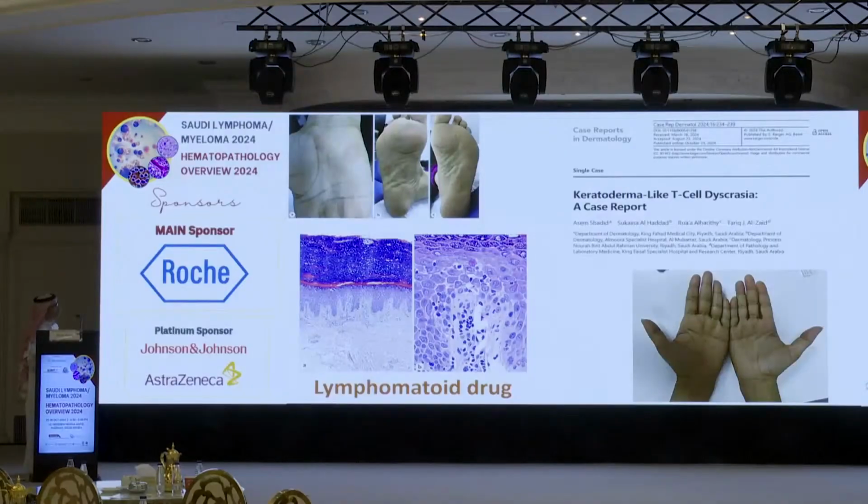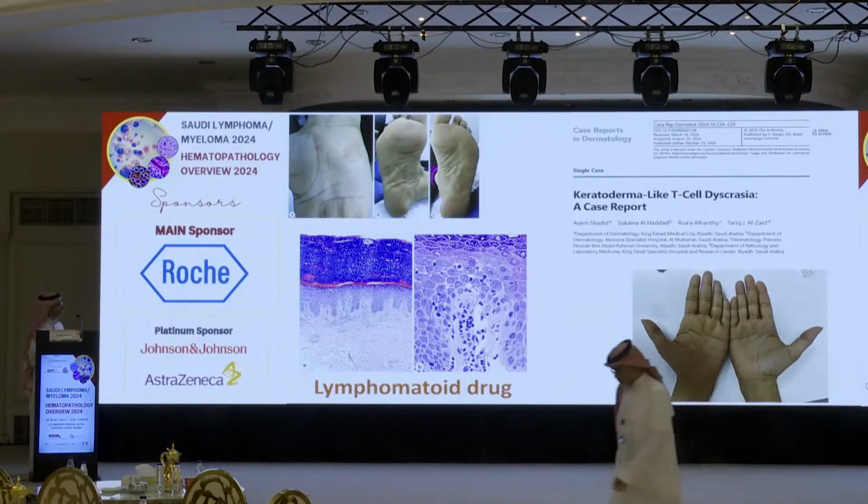Here is an example of a case that we published, a lymphomatoid drug eruption. It's called keratoderma-like T-cell dyscrasia. This patient presented to the dermatology clinic with a keratoderma-like picture. There's redness in the palms and soles with itchiness and scales, and a biopsy was taken.